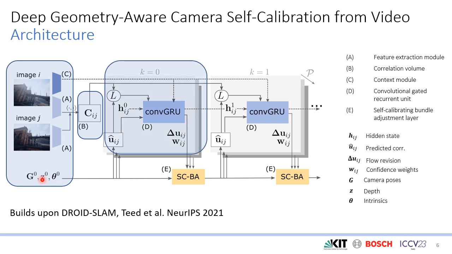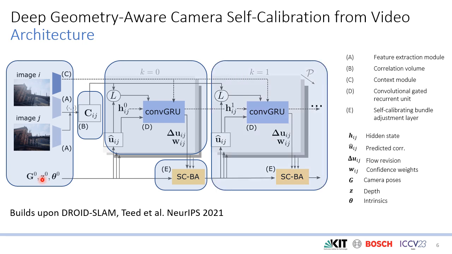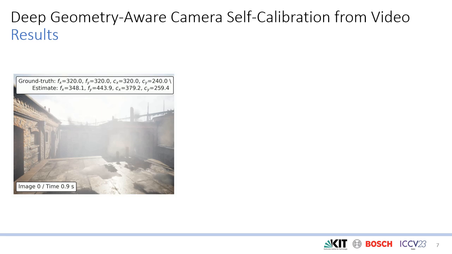Now, a gated recurrent unit updates the current estimates of correspondences and confidence weights and passes them to the self-calibrating bundle adjustment layer, where intrinsics, poses, and depth are updated. These operations are repeated for a fixed number of iterations until the final self-calibration result is obtained.